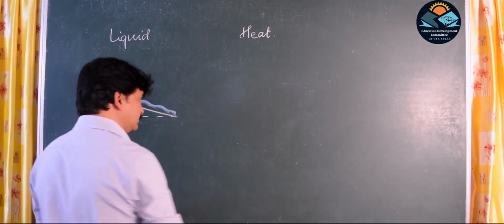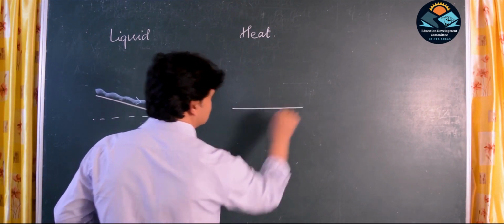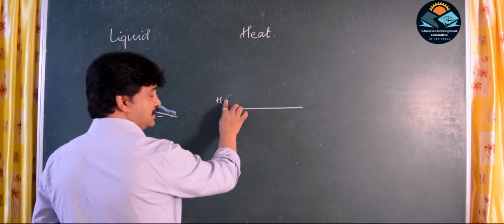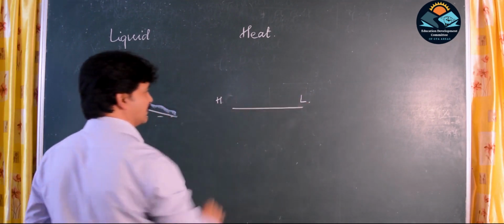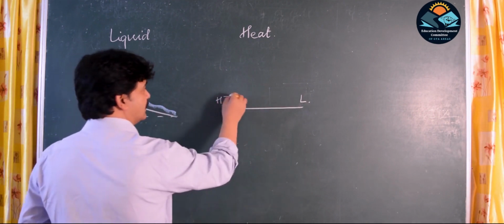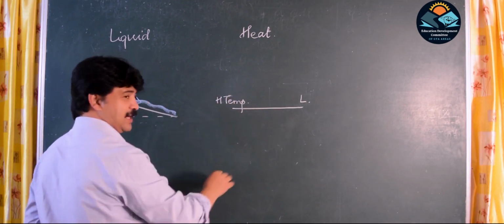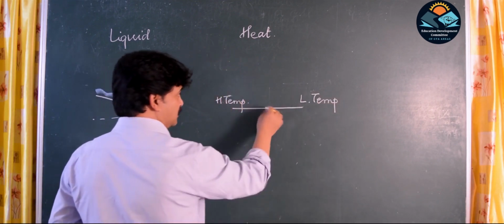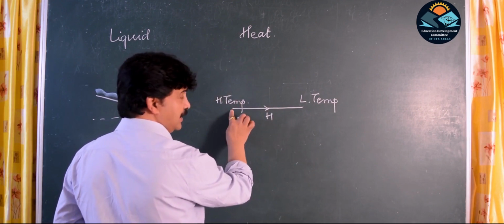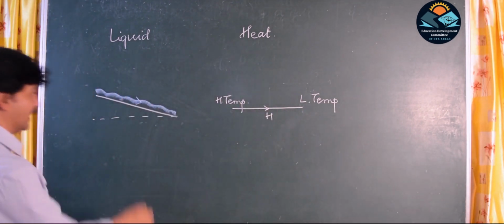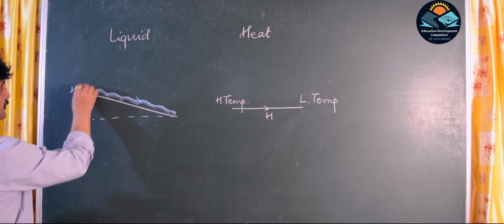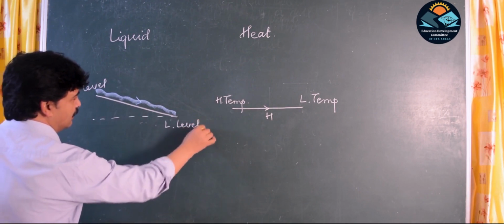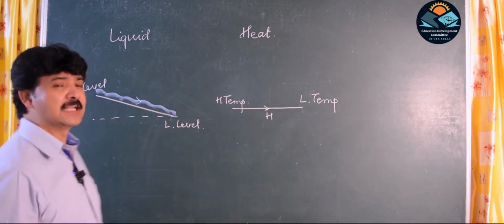Similarly, heat also flows from higher value of a physical quantity to a lower value of that physical quantity. What is that? That is temperature, from higher temperature to a lower temperature, isn't it? So heat flows like this, from a point of high temperature to lower temperature, and liquid flows from higher level to a lower level. Now think of electric current.